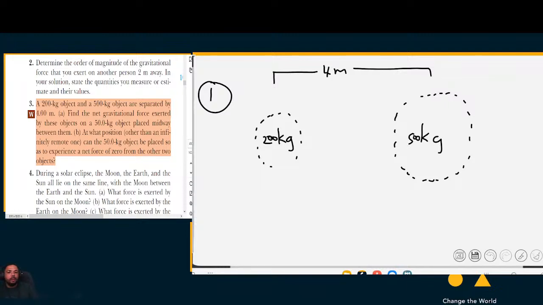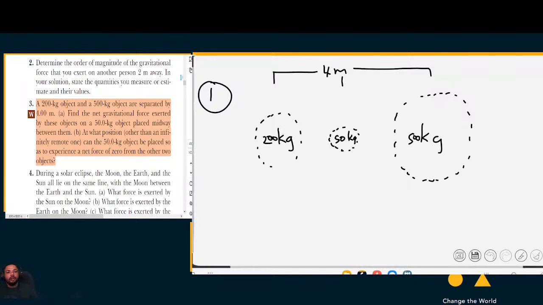And then we have a 50 kilogram object between them, and the distance between those two is exactly 4 meters.